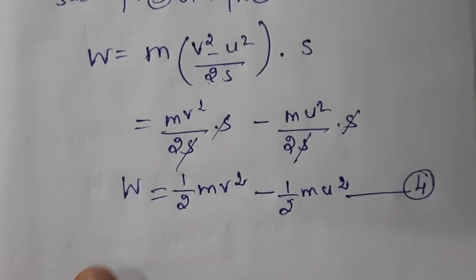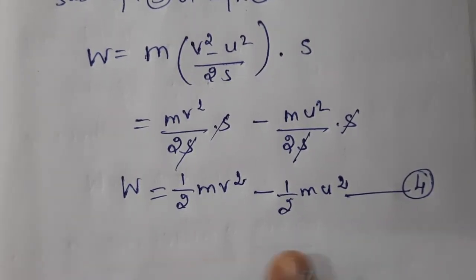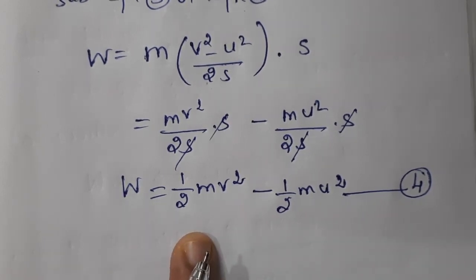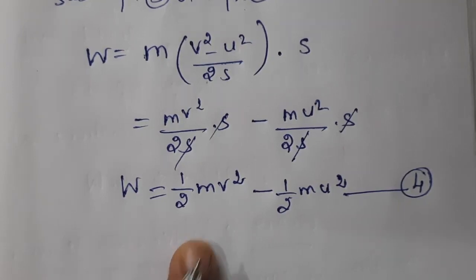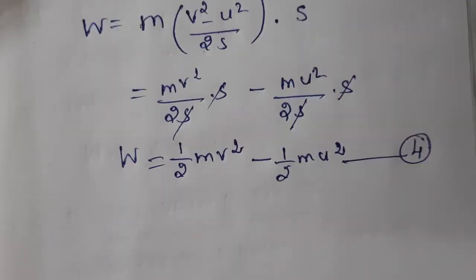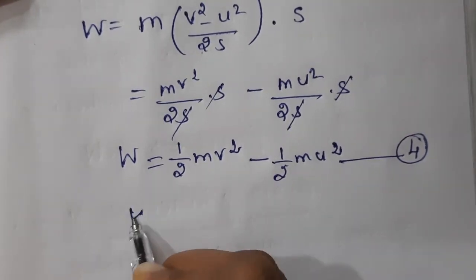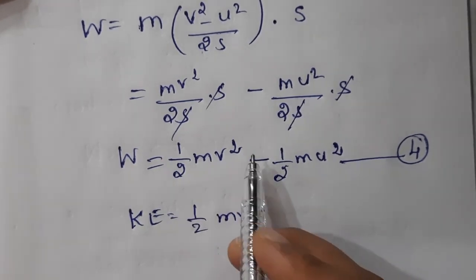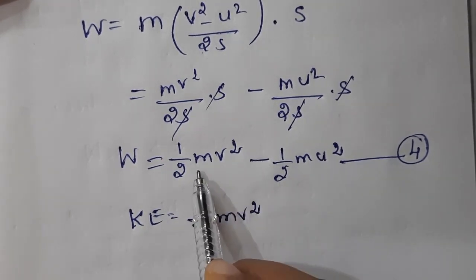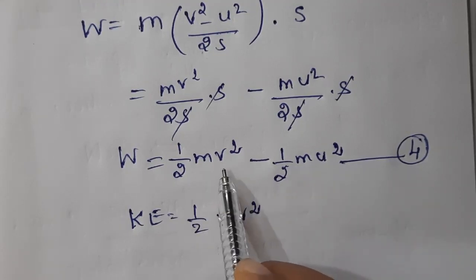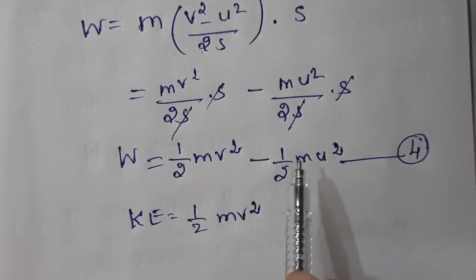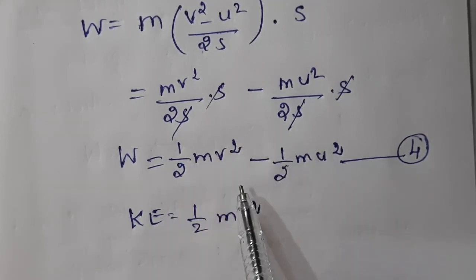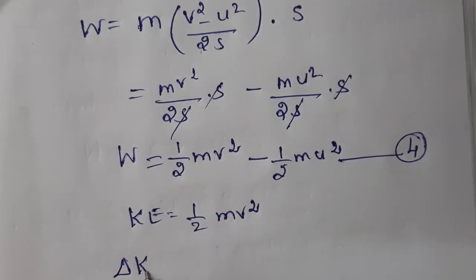So what is the expression? W is equal to half m v square minus half m u square. What is half m v square? Nothing but the kinetic energy. Kinetic energy is equal to half m v square. Here v is the final velocity and u is the initial velocity. So I can write this as the change in kinetic energy, delta KE.